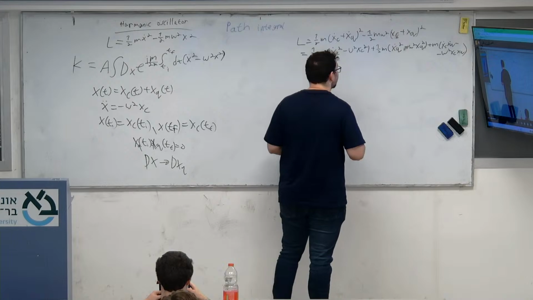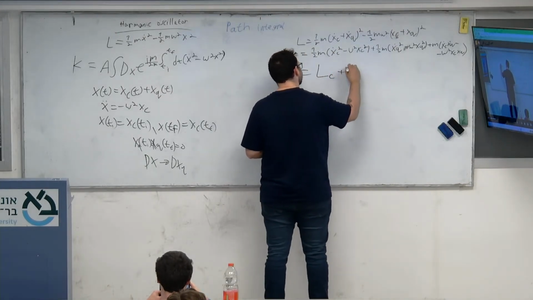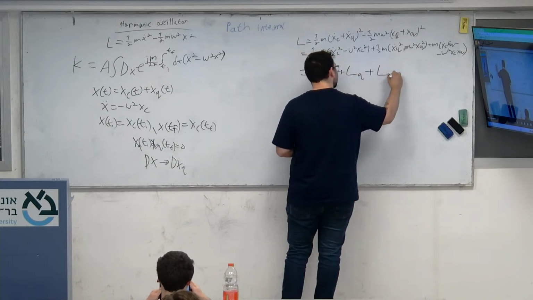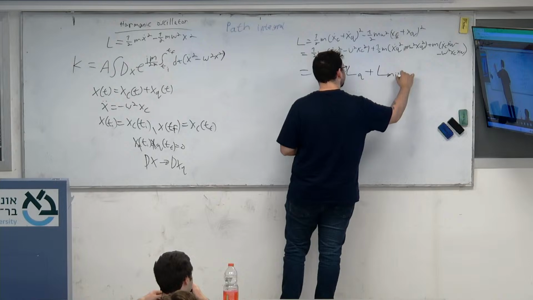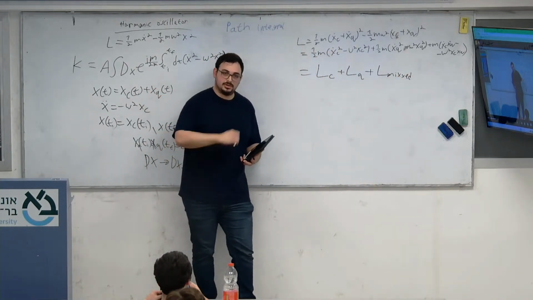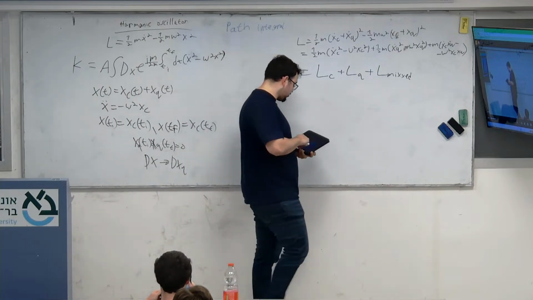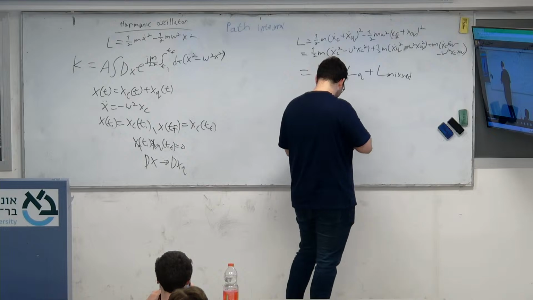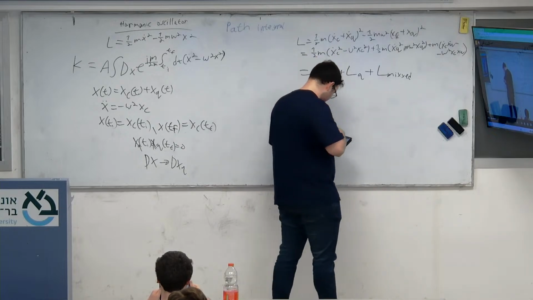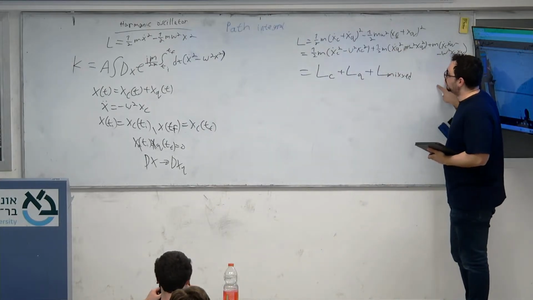Okay, and I can write each term as L classical plus L quantum plus L mixed. Instead of calculating one Lagrangian, I have to calculate three. But these three will be much more manageable.